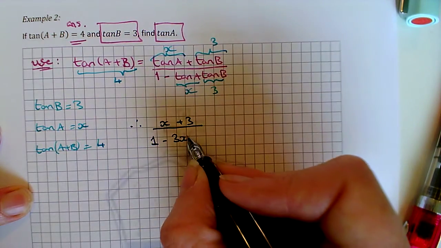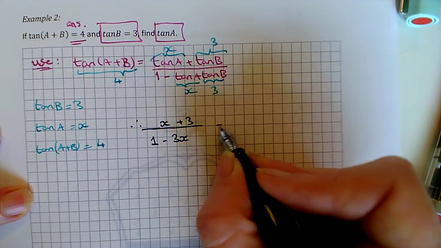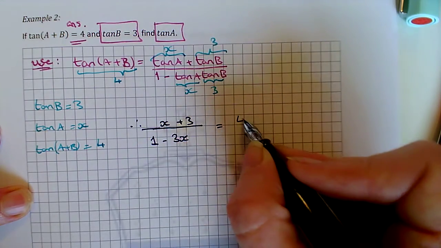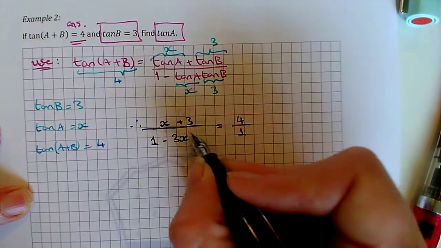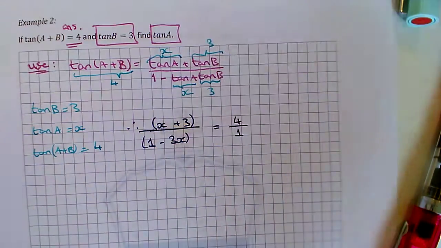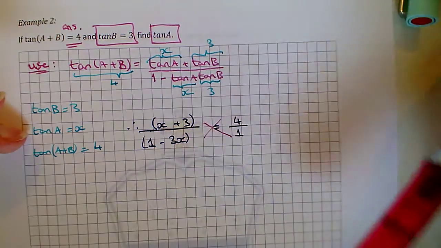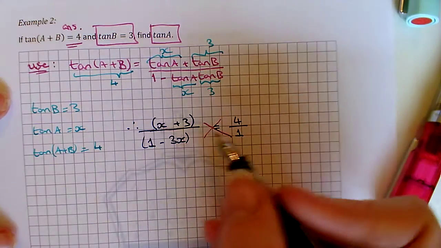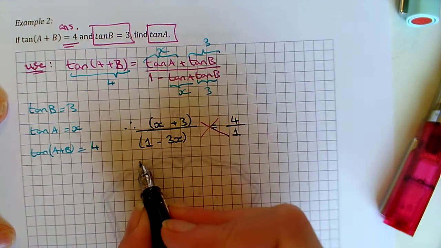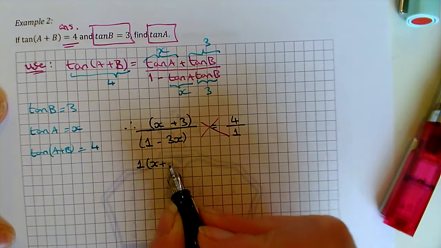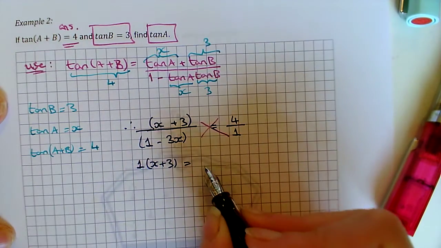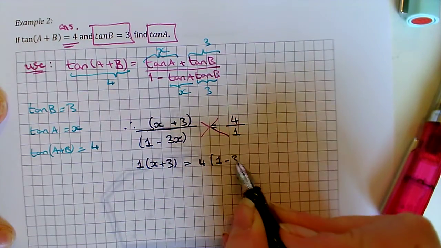1 minus 3x is equal to 4. And I'm going to write it as 4 over 1 because now I can cross multiply. I have two fractions either side of an equal sign, and I'll do 1 by x plus 3 equals 4 by 1 minus 3x.